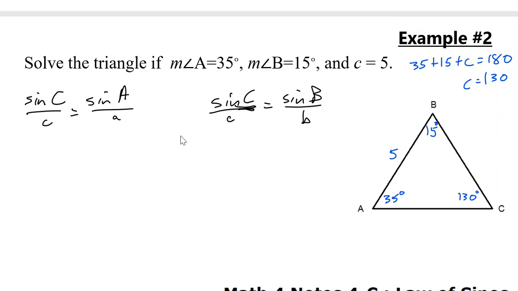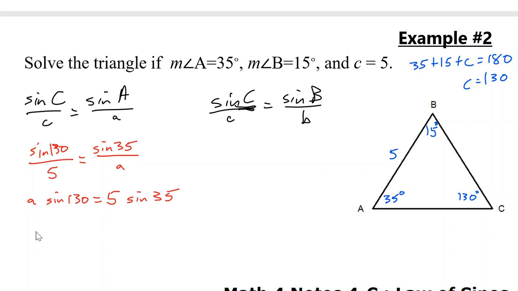So here we go. Sine C is sine 130 over little c, which is 5. Sine A is sine of 35 over little a, which is what we're looking for. When I cross multiply, I get a times sine 130 equals 5 times sine 35.